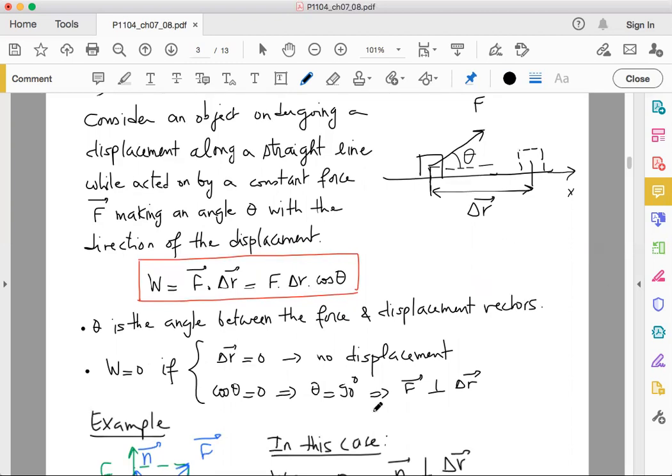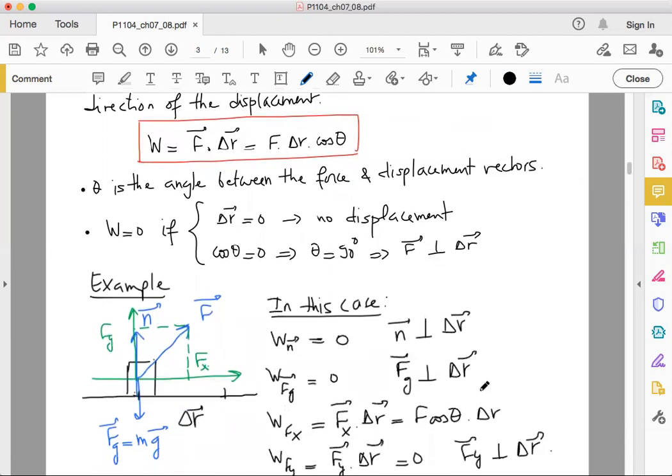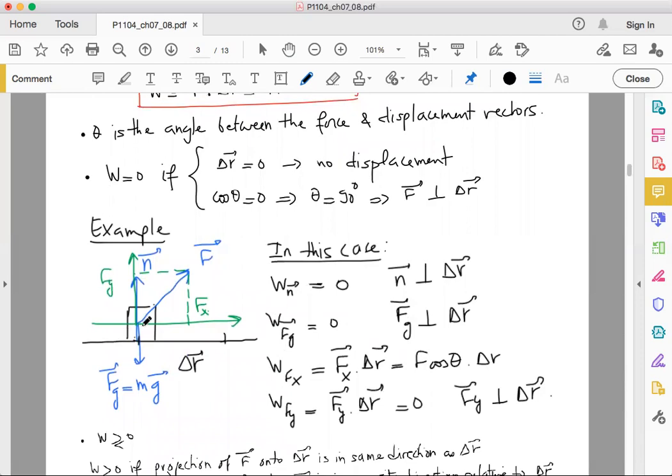What does that mean? It means that the force F is perpendicular to delta R. Let's take an example about that. So let's suppose that we have this block sitting along this horizontal surface, and it's making this displacement delta R along this horizontal surface.